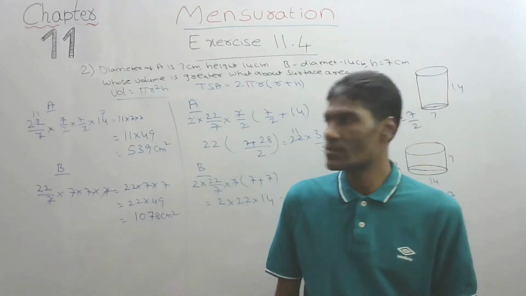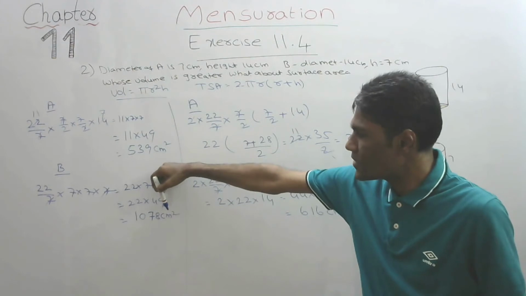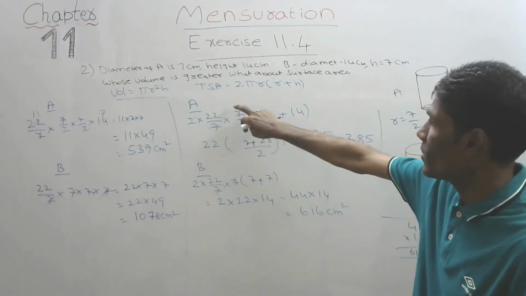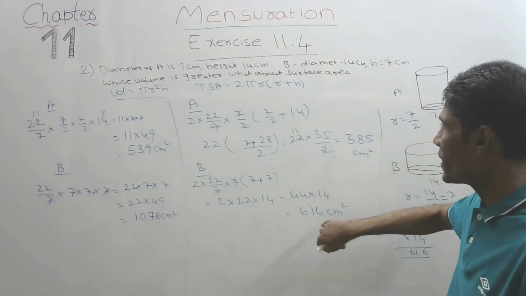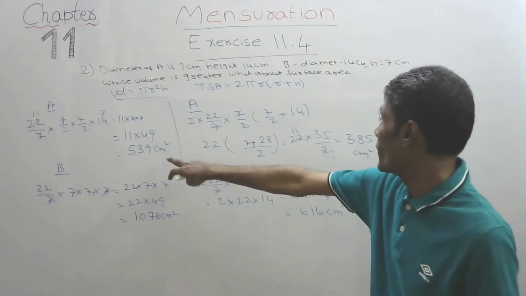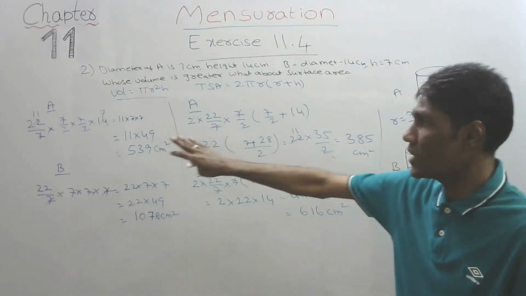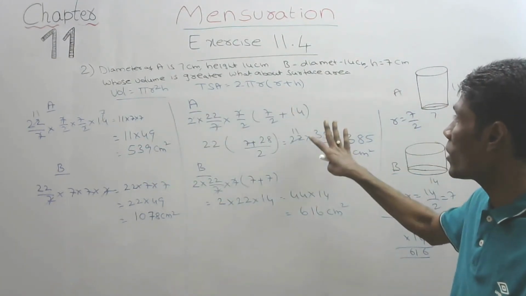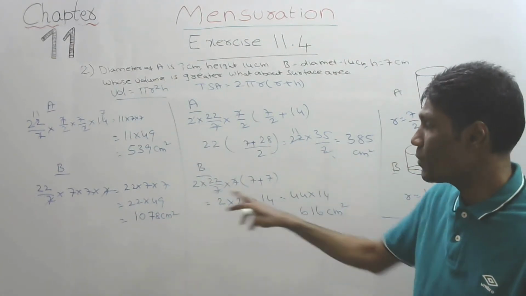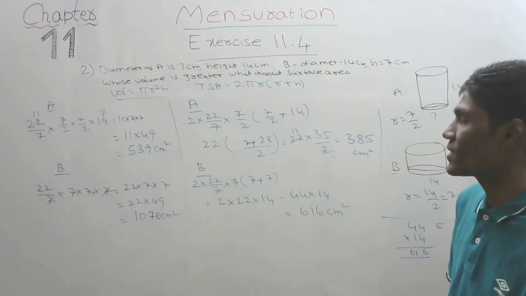Now let us analyze. First figure volume is 539 and second figure volume is 1078, whereas coming to surface area, 385 and 616. Which is having more? Figure A has 539 and 385. In both cases, whether volume or surface area, A is lesser than B. B has 1078 and 616.